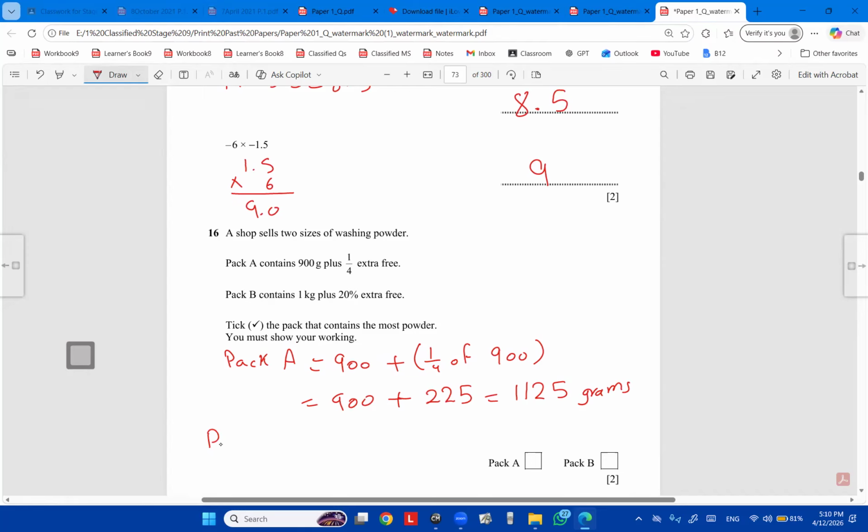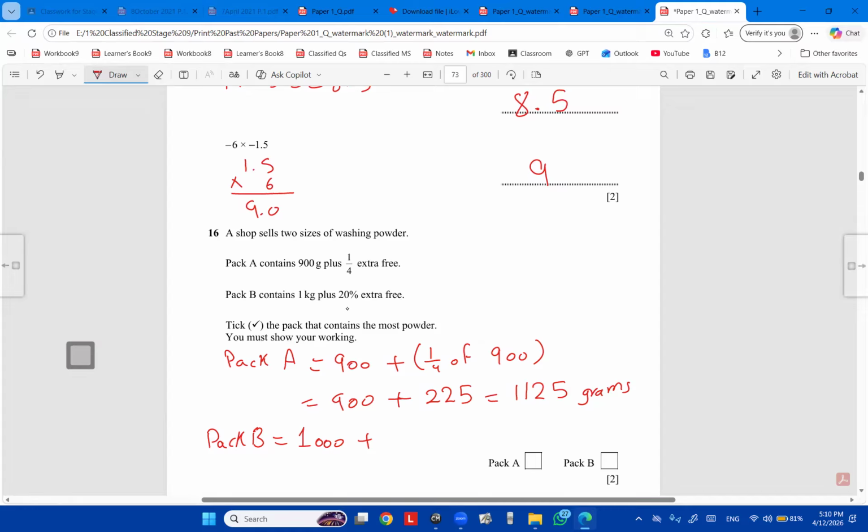While pack B equals 1 kilogram, so I have 1,000 grams. I need to convert that into grams like pack A. So 1,000 grams plus 20% of 1,000. You multiply it by 20 over 100, and it's going to give you 200.